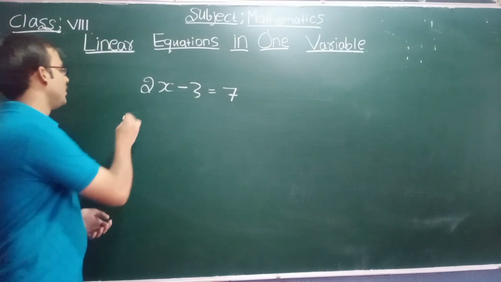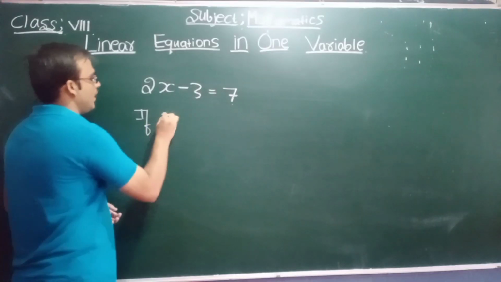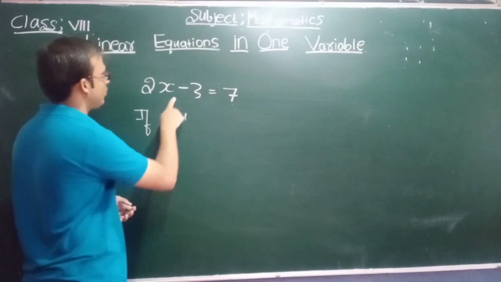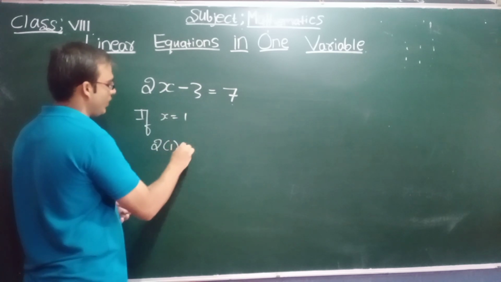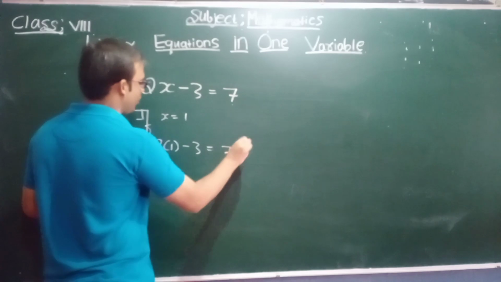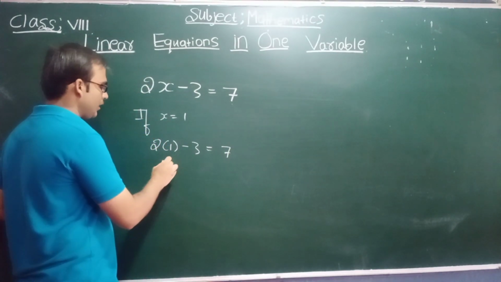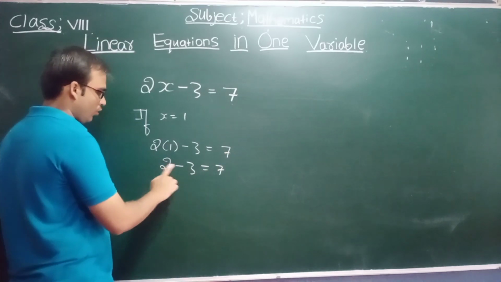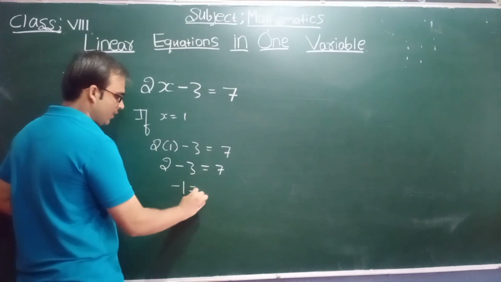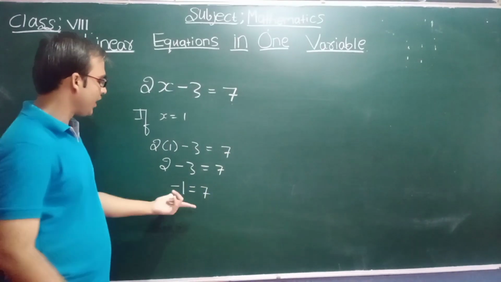Look here, students. If x equals 1, then 2x is 2 into 1, minus 3 equals 7. So 2 into 1 is 2, minus 3 is minus 1, equals 7.